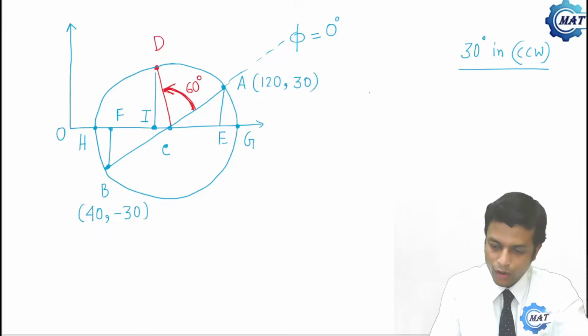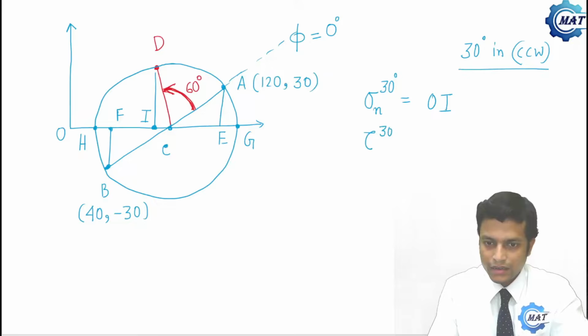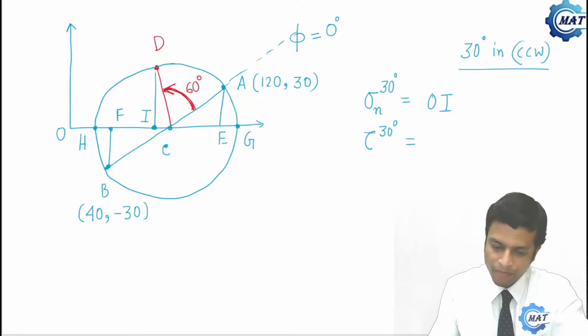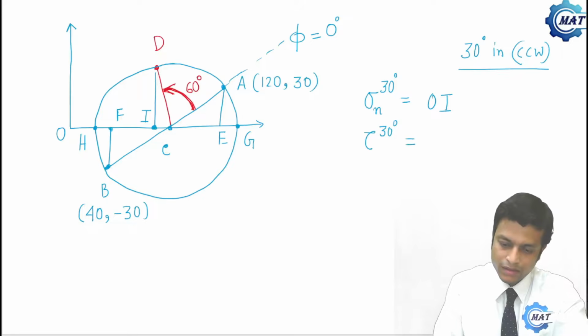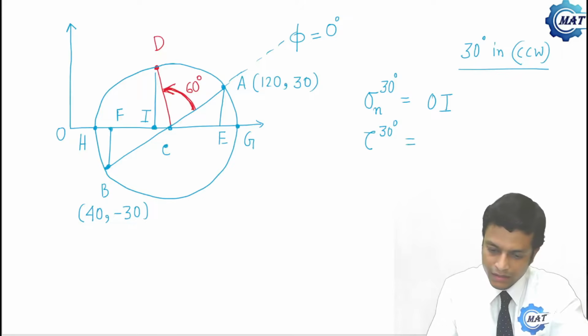So normal stress at 30 degree plane is what? Normal stress is OI. And what is shear stress? Shear stress at 30 degree plane becomes DI.